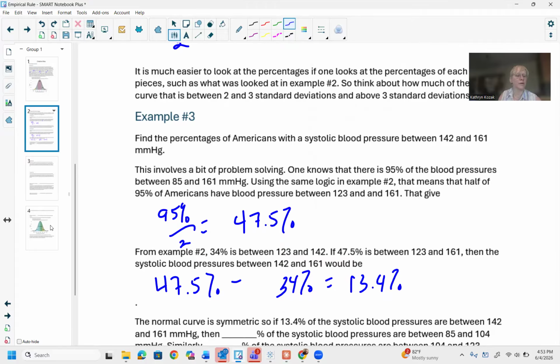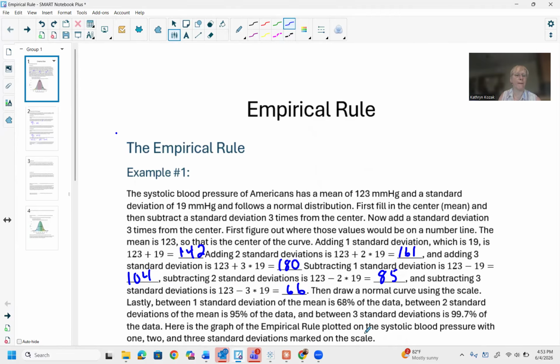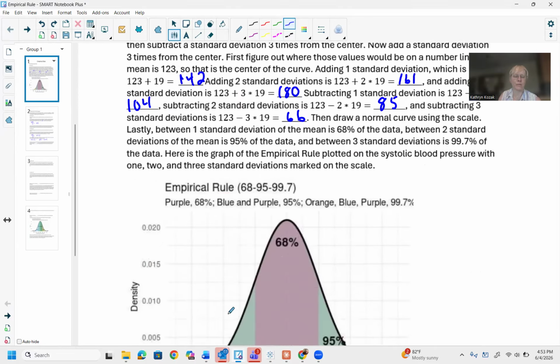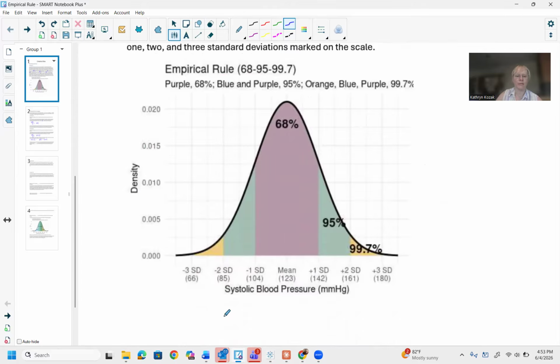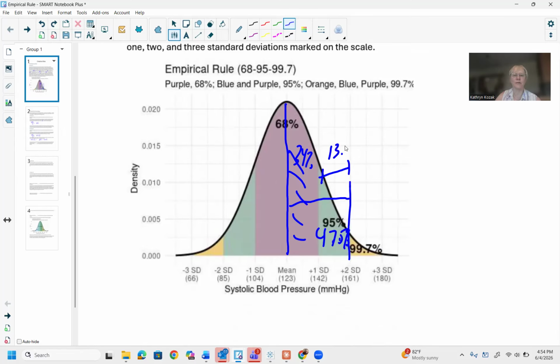Looking at our normal curve, this area is 34%. This area is 47.5%. And so just this part here would be that 47.5 minus the 34, which is the 13.5%.